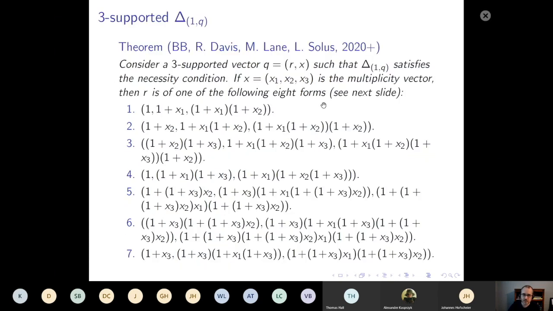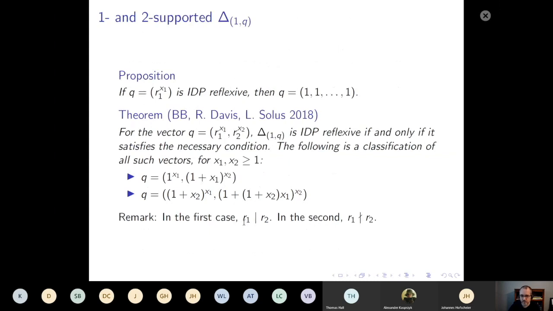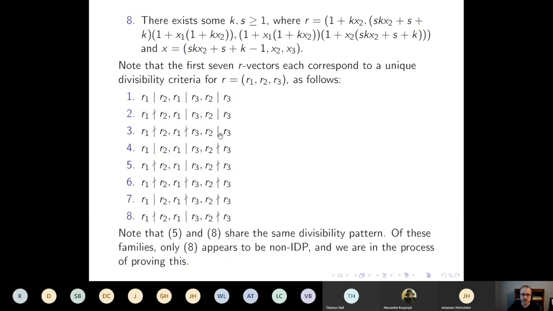And in analogy with this idea that when I'm 2 supported, the divisibility relations between the distinct entries kind of control the structure of what you can see given a set of multiplicities, the first 7 of these correspond to all possible valid divisibility criteria among the distinct weights.